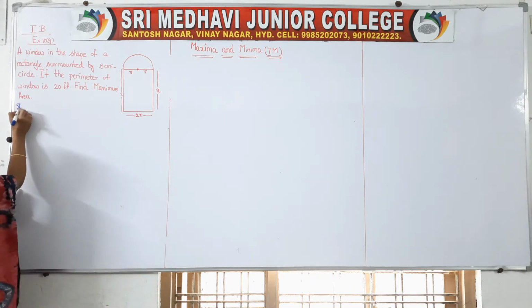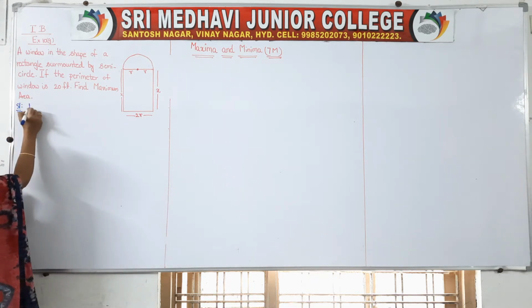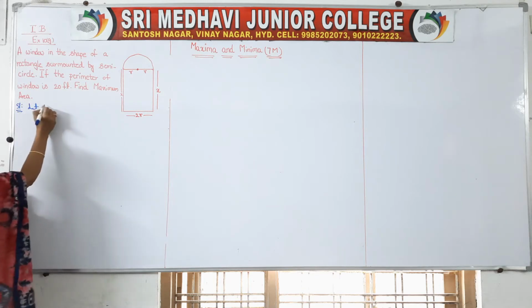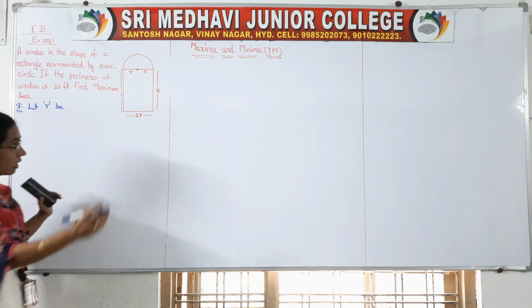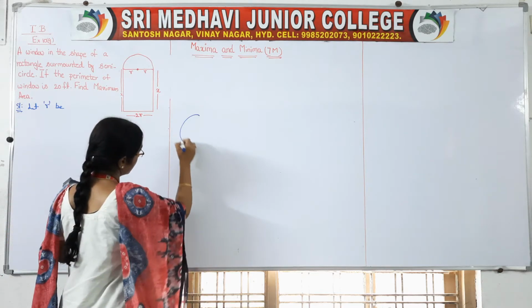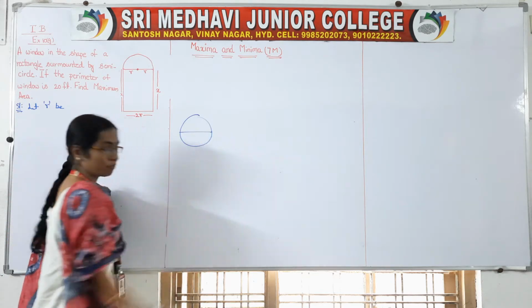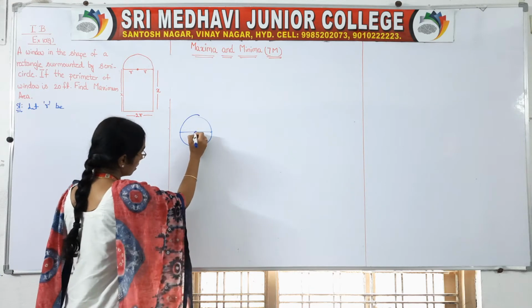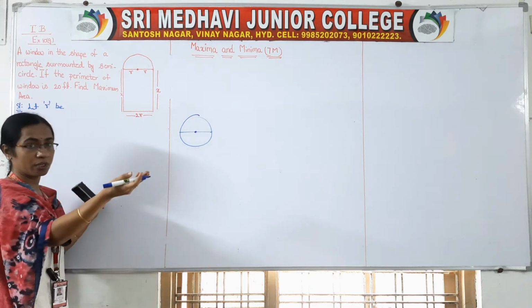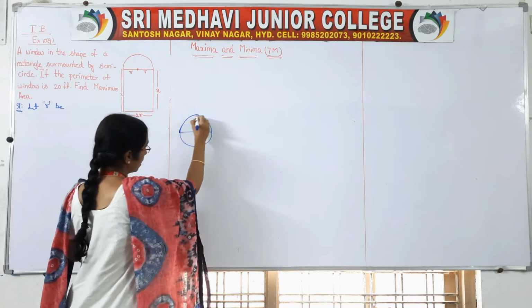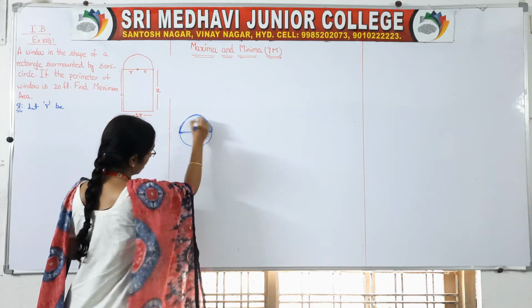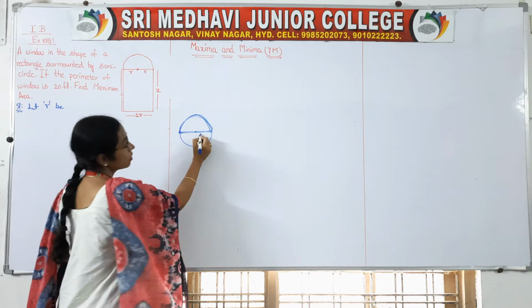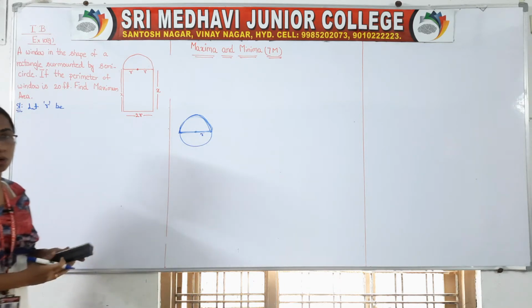First we will write, let R be the radius. Circle means radius. If you take a semicircle, a half circle, then the radius is R only. We have taken this semicircle part, so there also the radius is R only.